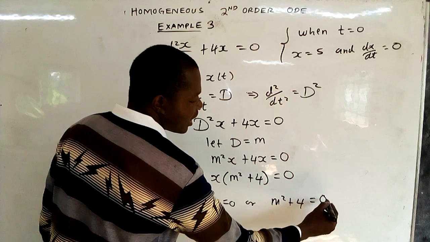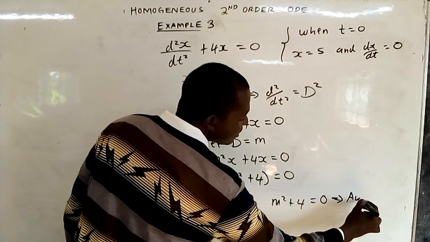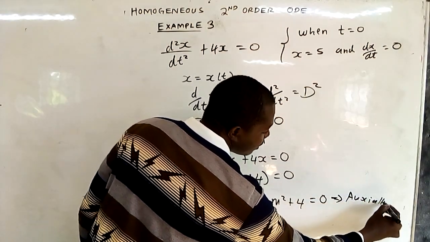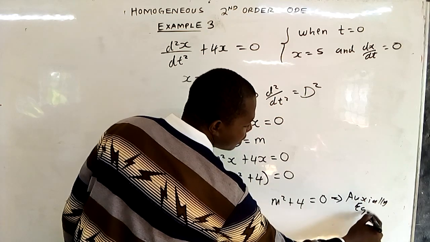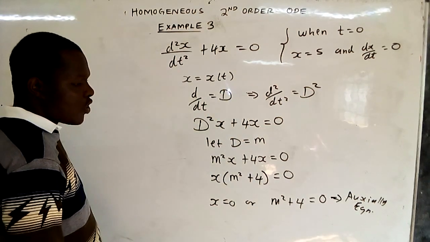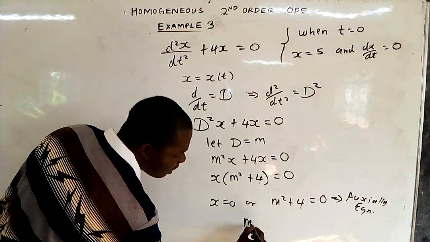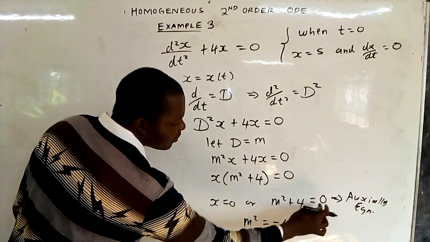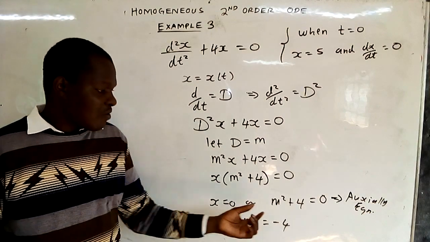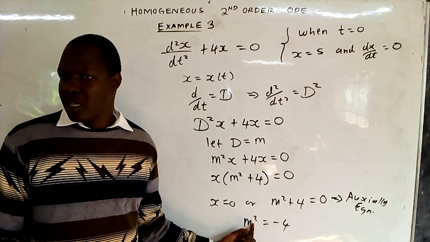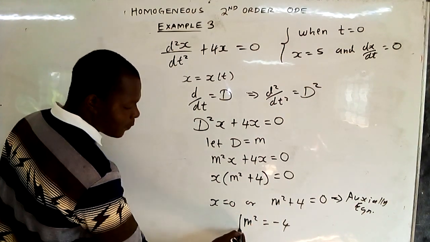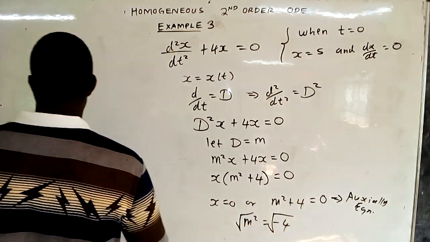So we take the second equation, which now becomes our auxiliary equation, isn't it? The auxiliary equation there is quadratic, so you can see m squared is equal to negative 4. Because we only have two terms, you can easily get m by looking for the square root on both sides of the equation.